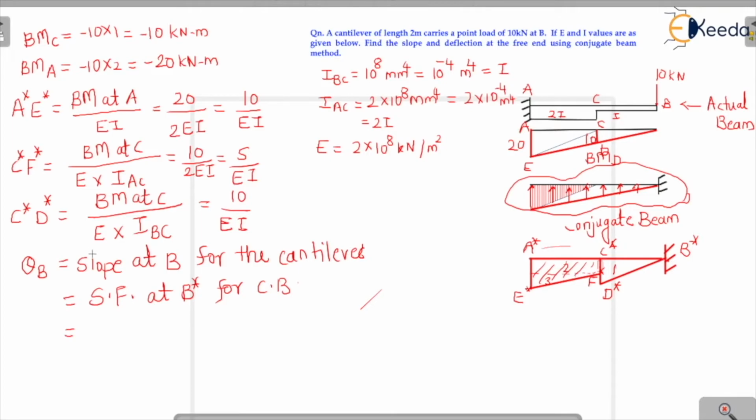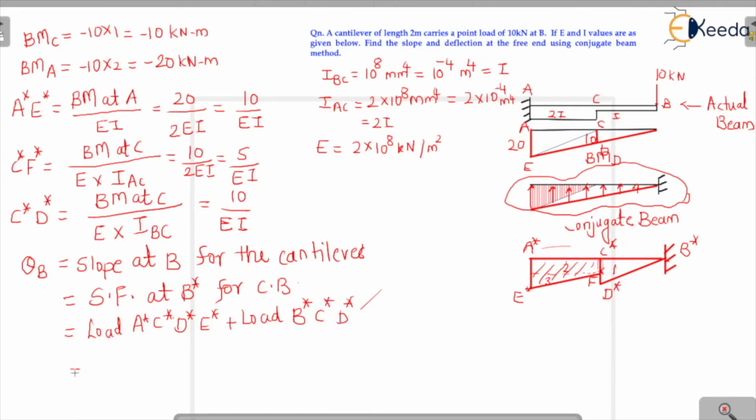So the shear force at B is nothing but the load at A star, C star, D star, E star, that is the trapezoid, plus the load at B star, C star, D star, that triangle.